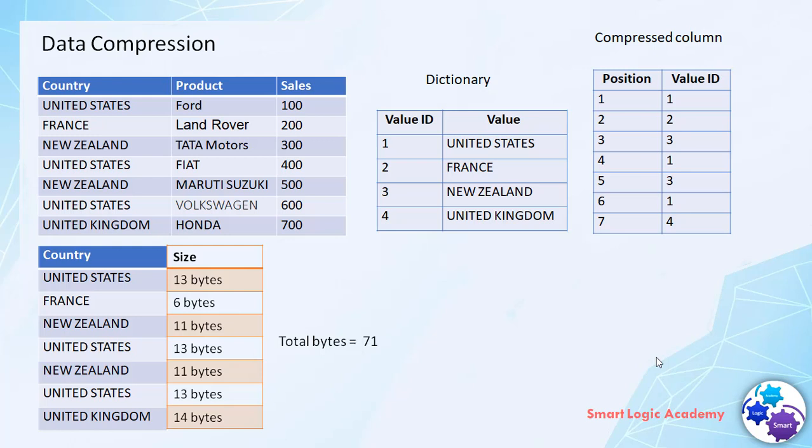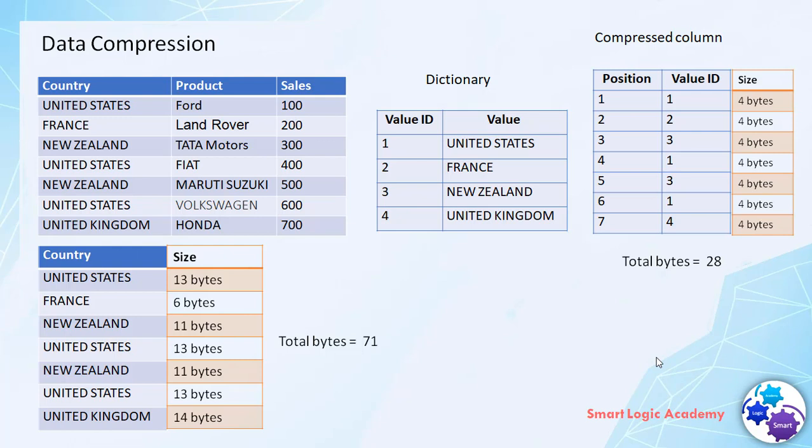But in place of storing the actual values, if we store it in the form of integer, let's say the value ID type is integer, in that case it will cost you a total of 28 bytes. So you can see the difference. This difference will be more if the length of data in column country is more.